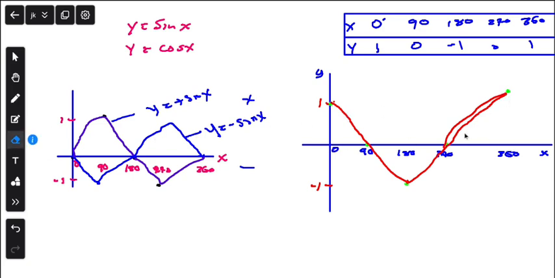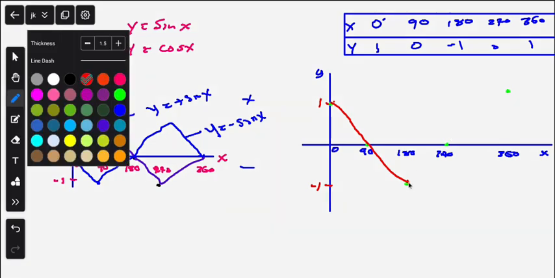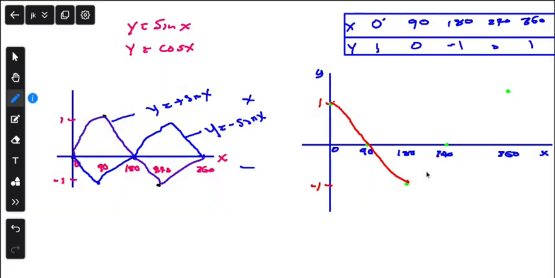So let me just erase this one, then draw a nice curve. Okay, it is going to come out like this. So we can say that this is y being equal to positive cos x.